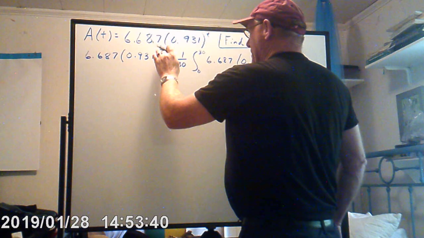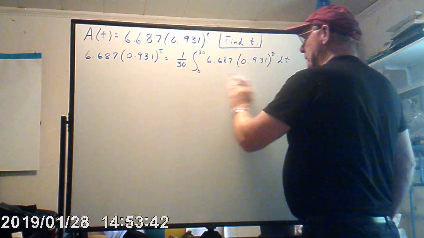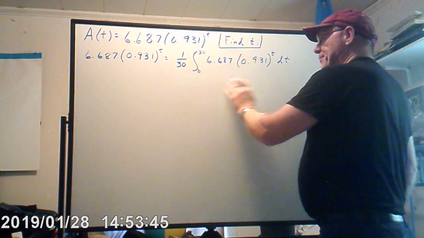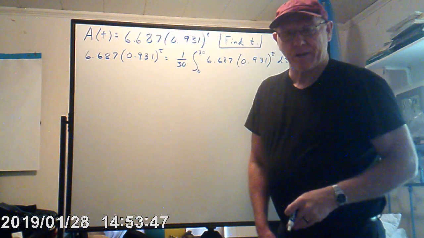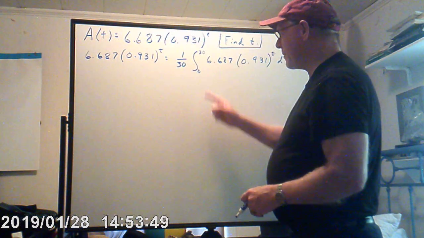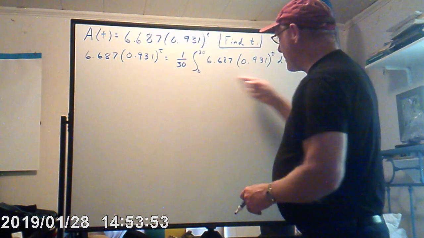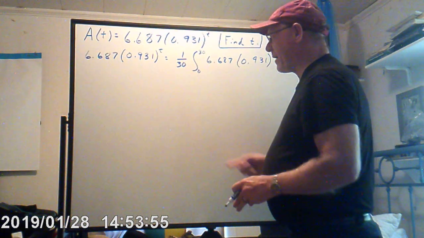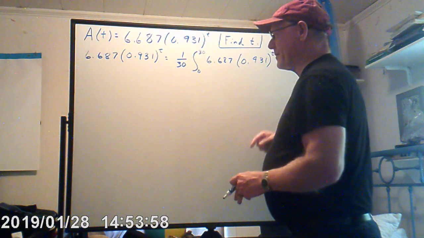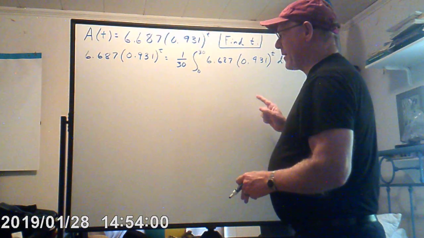I'm solving for T here. This is going to be a number here. This is a number. All of that's a number. But we have a definite interval. So this all is a number.